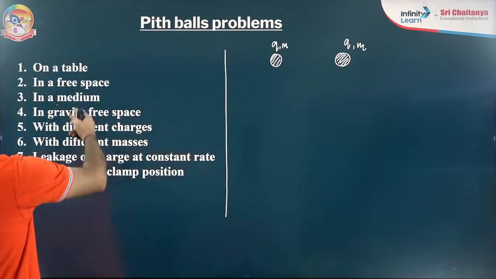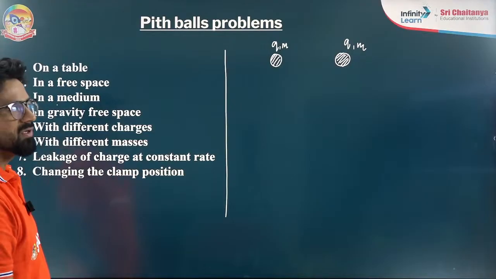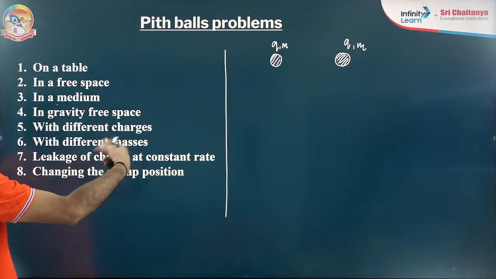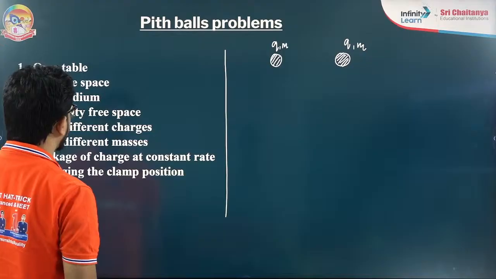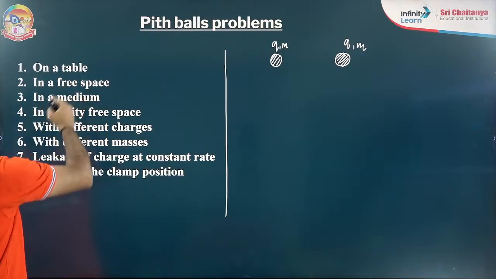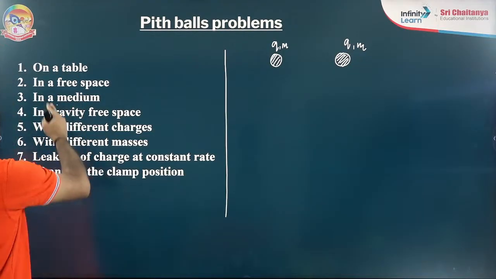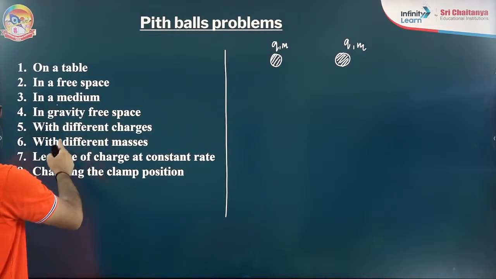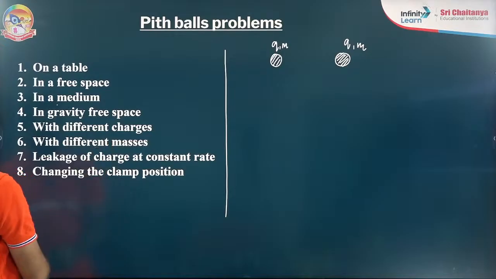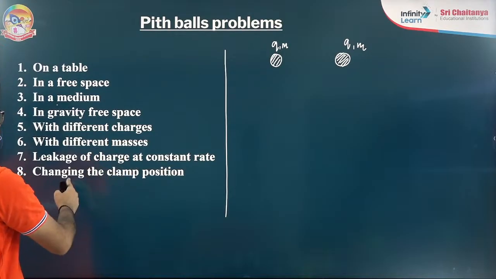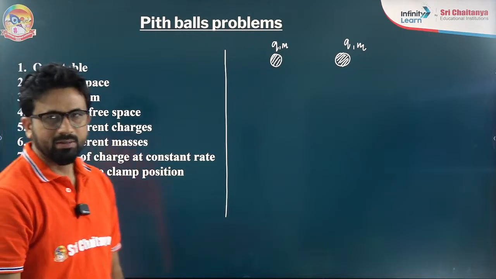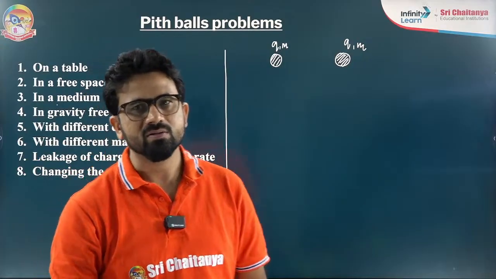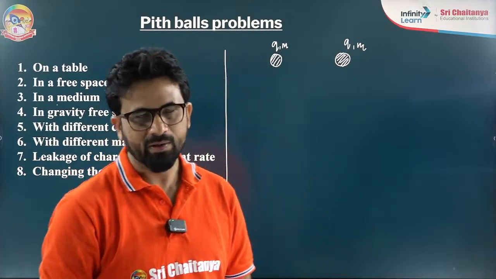We will do some questions, 7-8 questions, or maybe some more problems as time allows. On a table, if they are placed, then what will happen in free space or in a medium, in gravity-free space, or with different charges or different masses, or leakage of charges, or changing the clamp position. That is what we are going to deal with today.